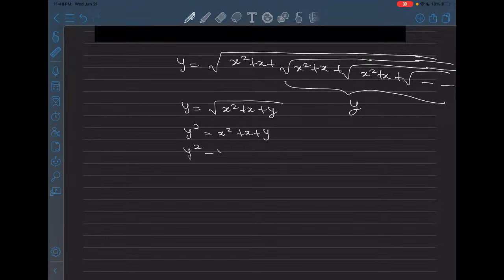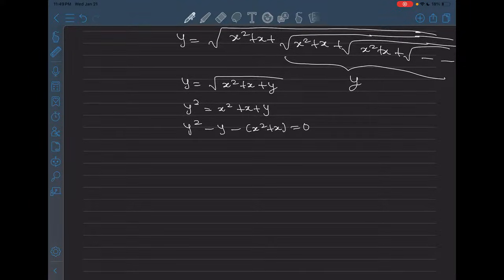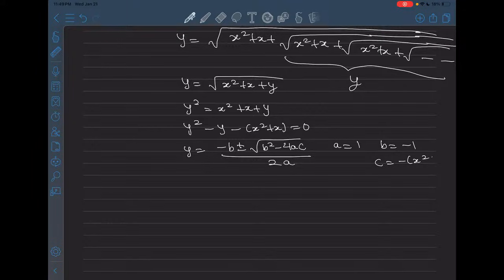So y square minus y minus (x square plus x) is equal to 0. So that means we have y equals minus b plus or minus square root of b square minus 4ac over 2a. Here a is 1, b is negative 1, c is negative of (x square plus x).